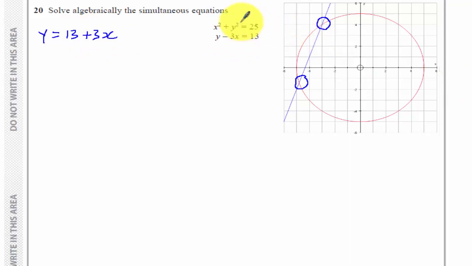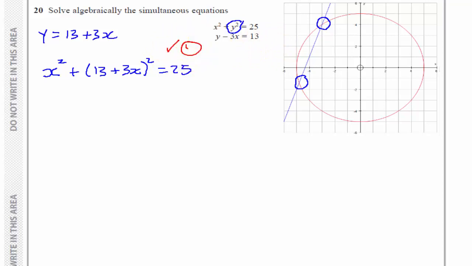And then I'm going to substitute that value of y into the equation of a circle. So rather than x squared plus y squared equals 25, I'm going to have x squared plus (13 plus 3x) all squared equals 25. And now I've got an equation where I just have x's.